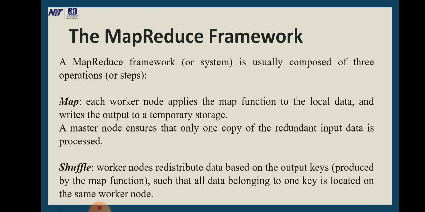A master node ensures that only one copy of the redundant input data is processed. Second, shuffle. Worker nodes redistribute data based on the output keys such that all data belonging to one key is located on the same worker node.